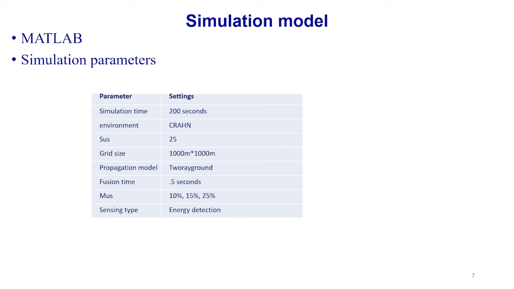The second scenario had 15% of the 25 secondary users malicious. And in the third scenario, we looked at 25 nodes in a network, but 25% of those total nodes are malicious users.